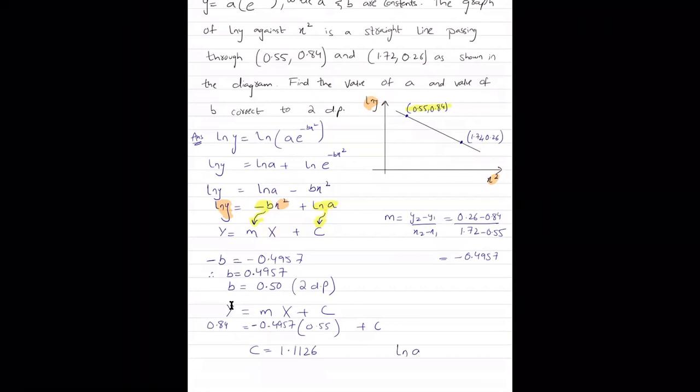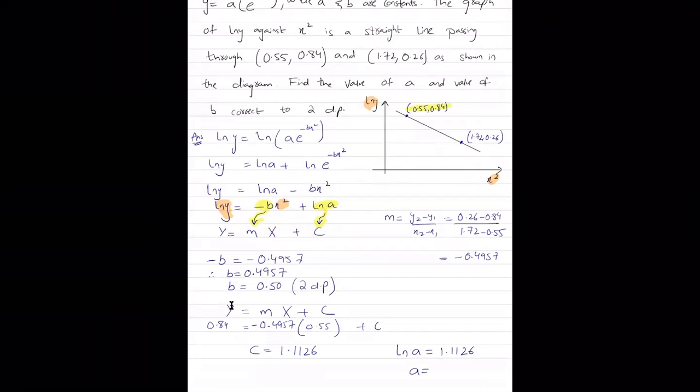And the question says find the value of A. So what is A going to be equal to? 10 to the power of, no, no. This is ln, and ln is always to the base e.